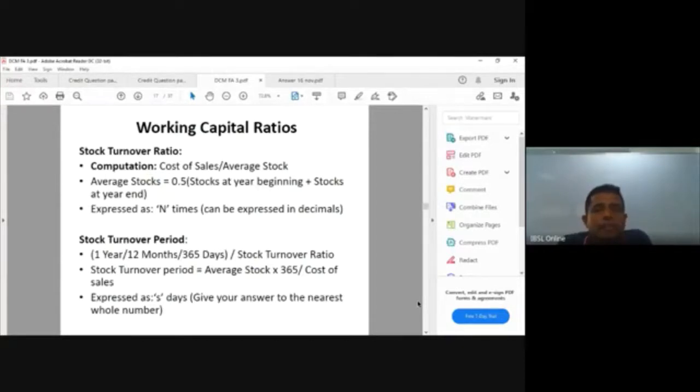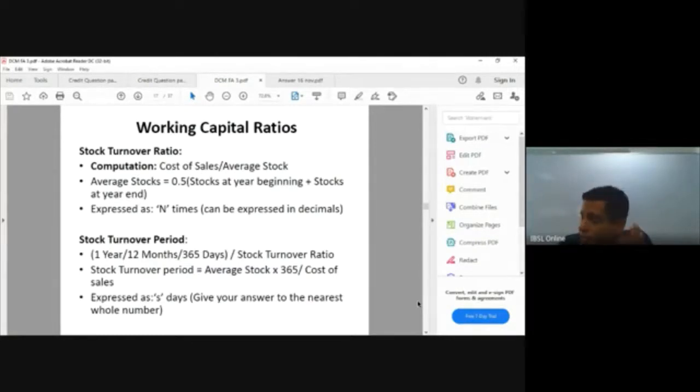The higher the number of times, the better it will be. If you have any questions, you can ask. I prefer the second ratio because it is easy to calculate and easy to understand. Forget about the first ratio. Calculate the second ratio.